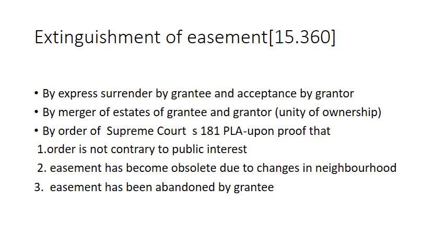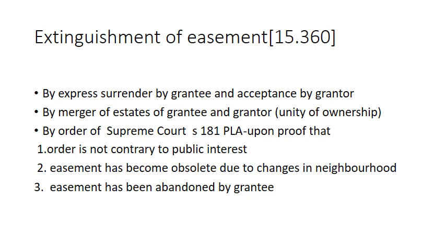There may be extinguishment by agreement, and that would involve the signature by the grantee, who's getting the benefit of the easement, and acceptance by the grantor, the servient tenant, who accepts the surrender, and the request to surrender on the appropriate form is lodged in the titles office, and the easement is removed from both the dominant and servient tenement titles. Now that happens from time to time.